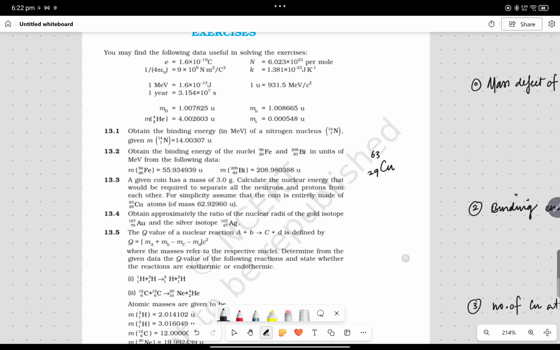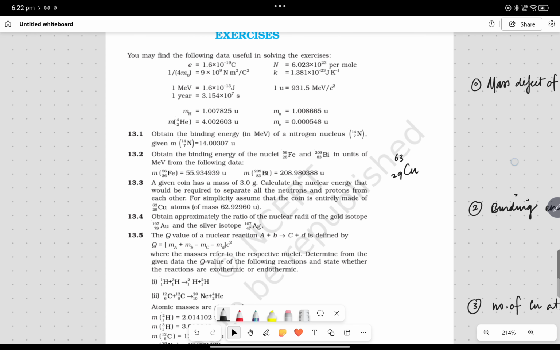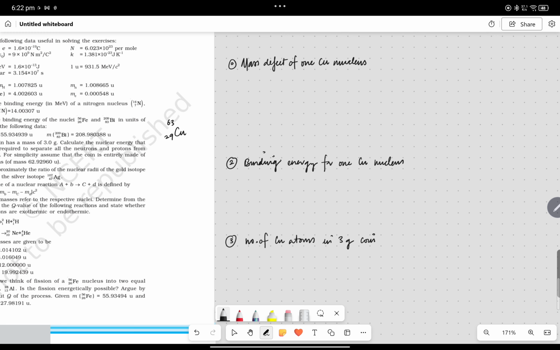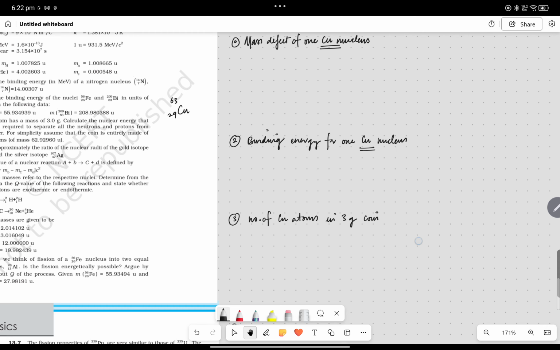So for solving this you have to keep the steps in mind. The steps follow like this. First of all, you have to find the mass defect of the Cu nucleus, right? For a Cu atom, what is the mass defect in it? Then you have to convert that mass defect into binding energy, second step.